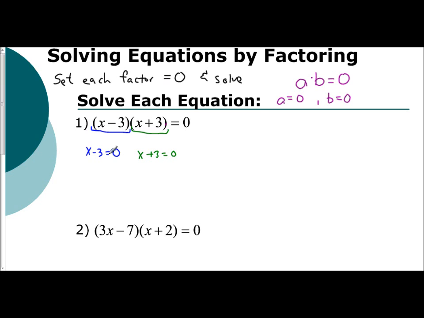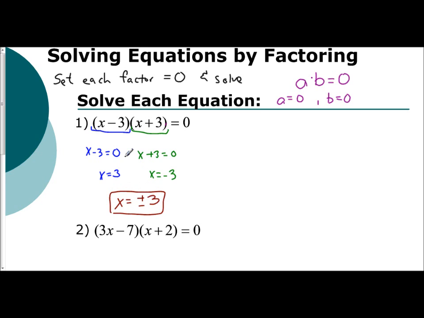If I solve each of these, you would add 3, get x equals 3. You would subtract 3, and get x equals negative 3. Notice how they're both the same number, just one's a positive, one's a negative. When this occurs, we can write them as x equals plus or minus 3, a positive or a negative 3. And that is your solution.